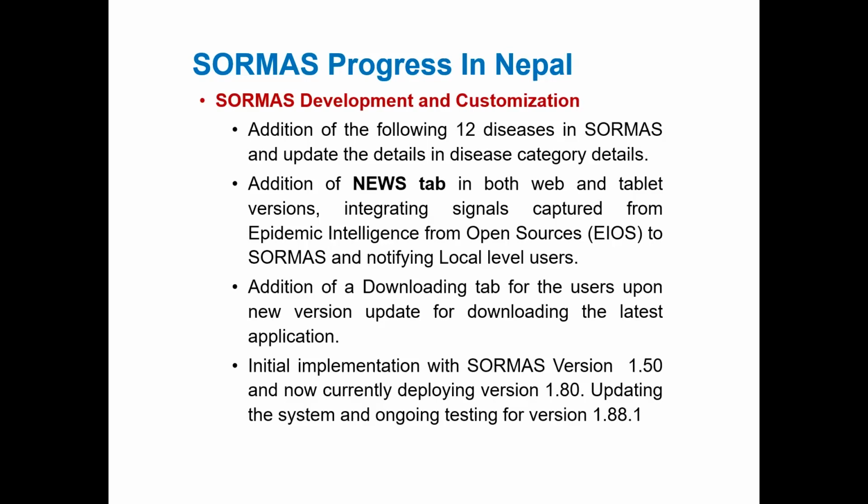We have done this with the help of the Epidemic Intelligence from Open Sources program, with technical support from the World Health Organization, and it has been really helpful as one component to verify those signals to determine true events.